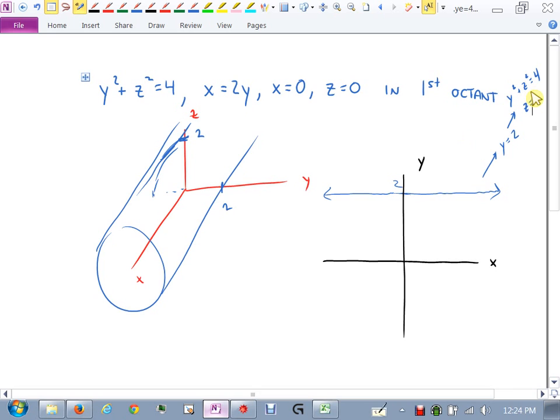It doesn't help when you can't read it, but this y equals 2 comes from taking this equation and letting z be 0. All right, what does x equals 2y look like? It's a line. Slope is what? 1/2. So I go up 1 over 2, up 1 over 2. Crap, my picture's going to suck.